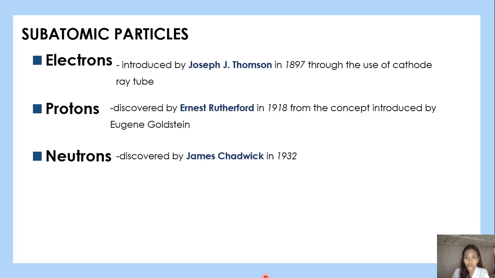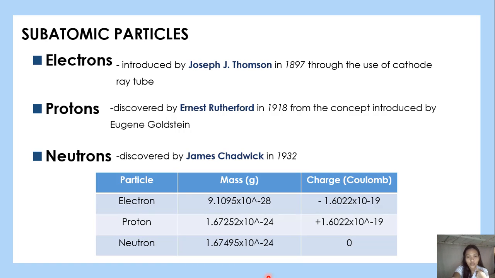So that is how neutrons were discovered. I hope you familiarize them. We also have here a table that presents the characteristics of the subatomic particles. We have their mass in grams and their charge in coulombs.